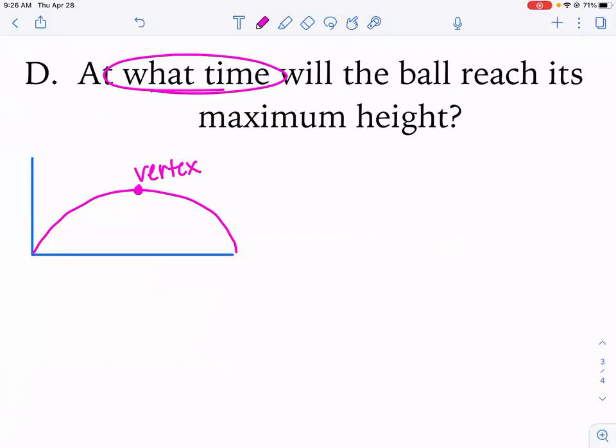So every time, regardless of initial height, we can go back to our algebra 2 ways. We can find our vertex by taking negative b over 2a.